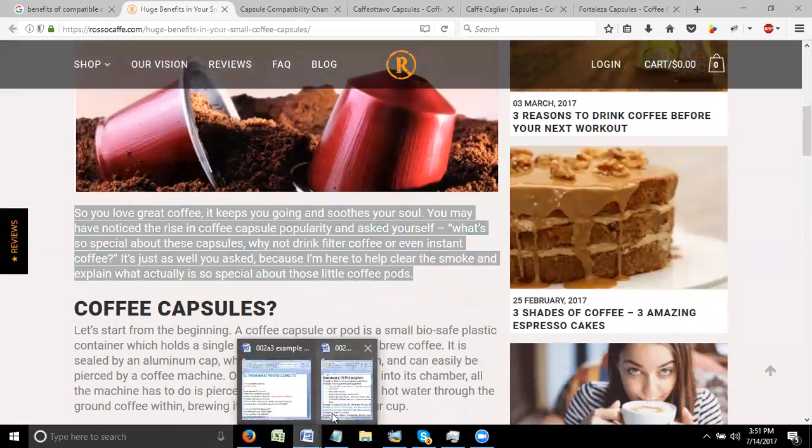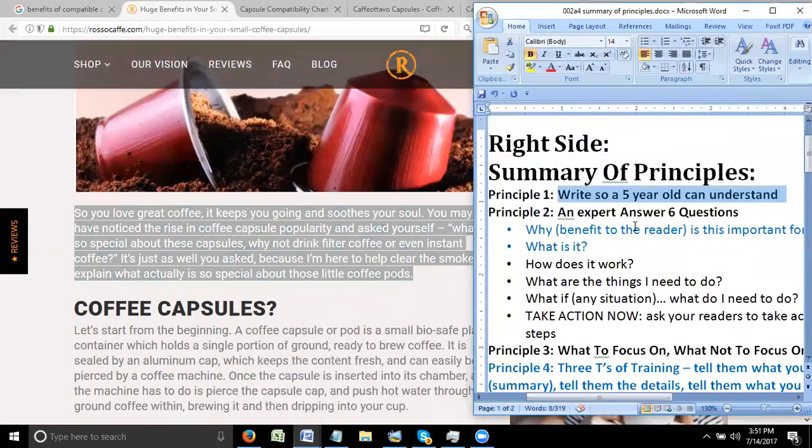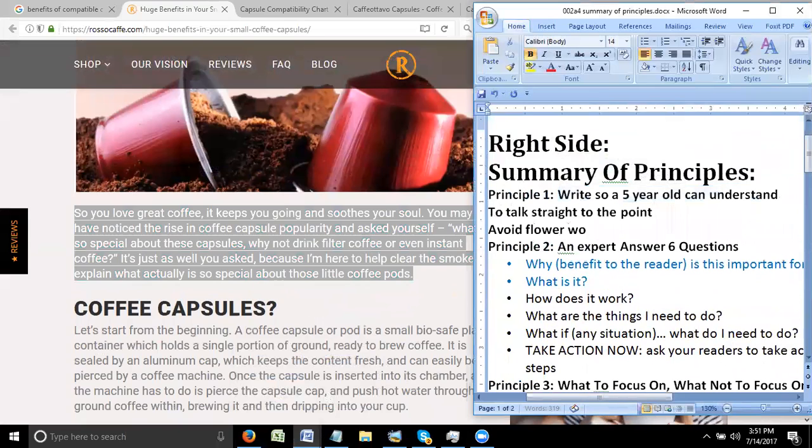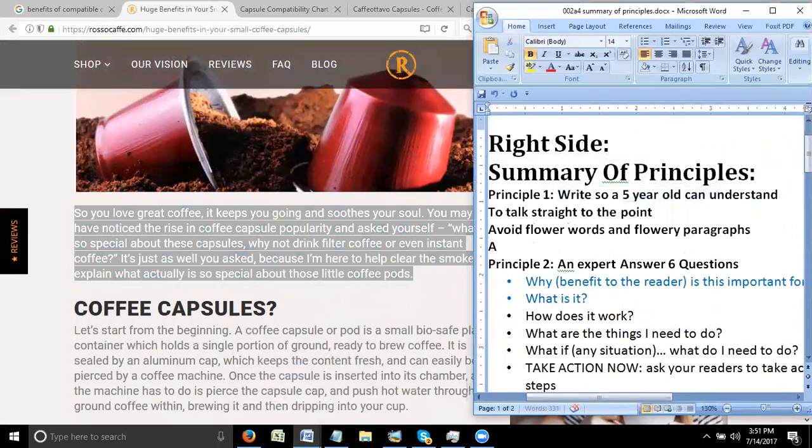And one of the principles that we covered under writing so a 5-year-old can understand is to talk straight to the point. Avoid flowery words and flowery paragraphs. You also want to avoid unnecessary paragraphs and sentences.